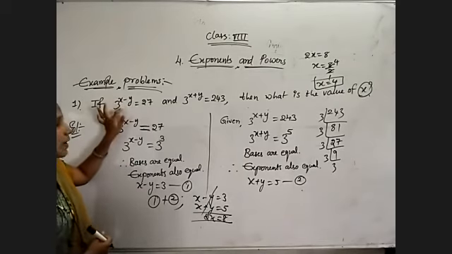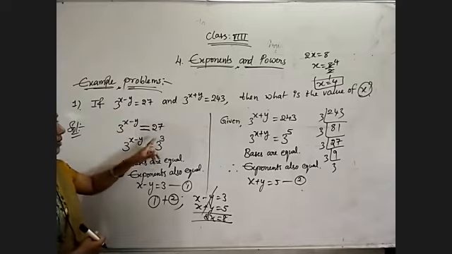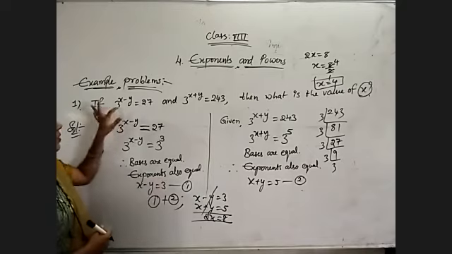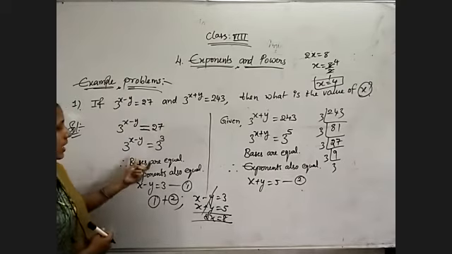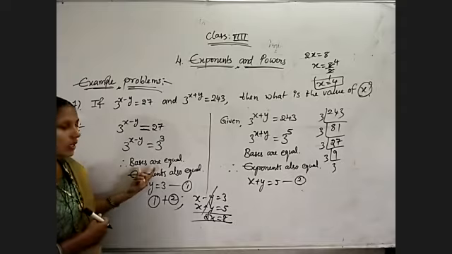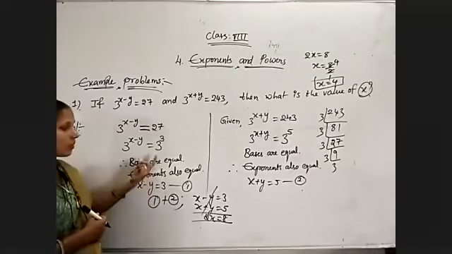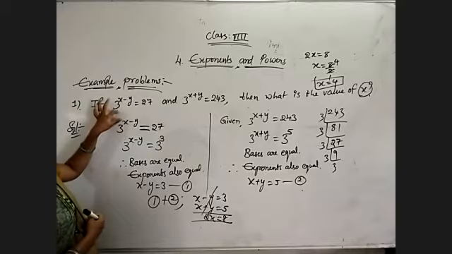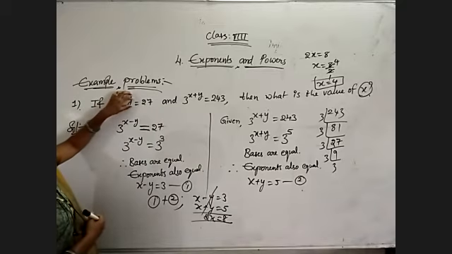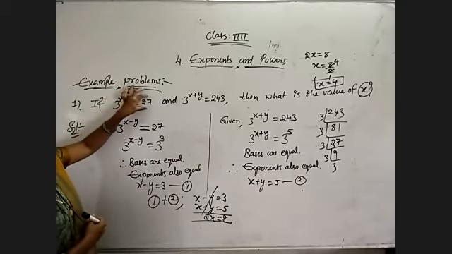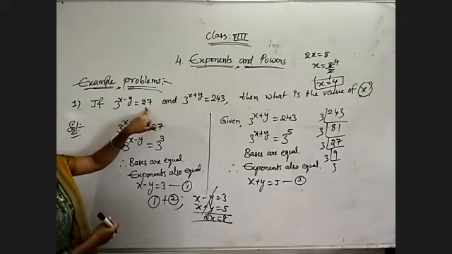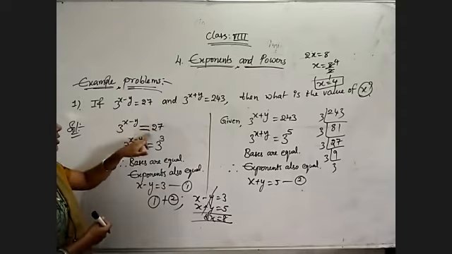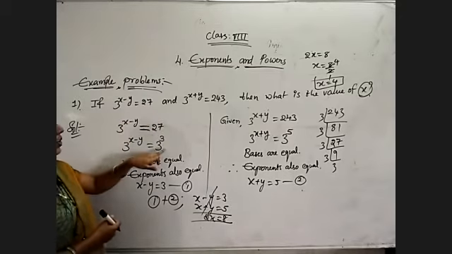If only one variable is given, compulsory they'll give only one equation. So when you are getting equations, you will get the concept that when bases are equal, exponents also equal. Compulsory, by using this, we can simplify that. So here 3 to the power of x minus y is already in the lowest form. The right side is not given in the exponential form, so I am going to write the right side also in the exponential form.